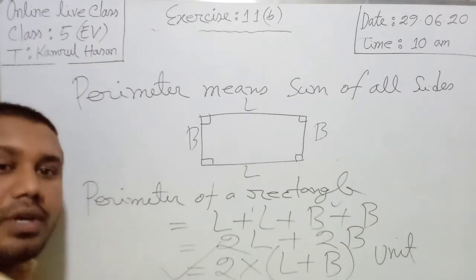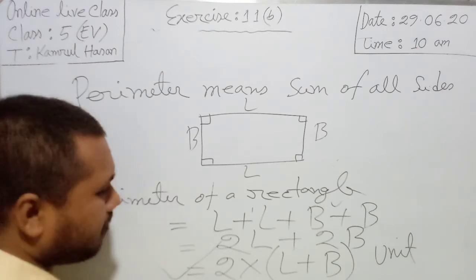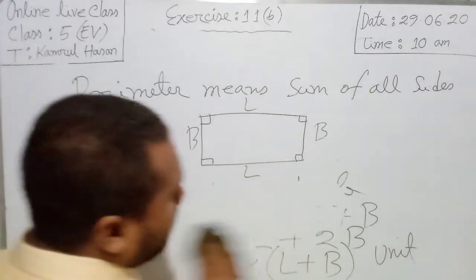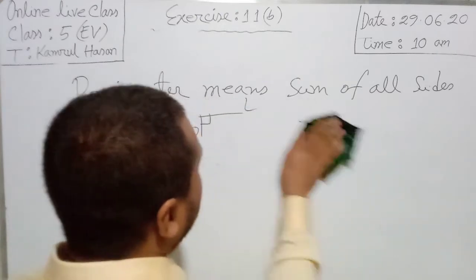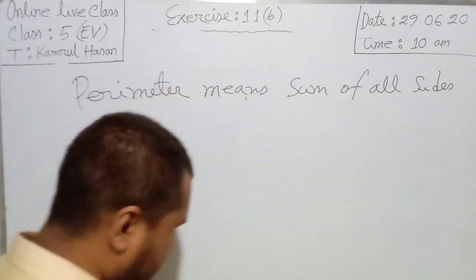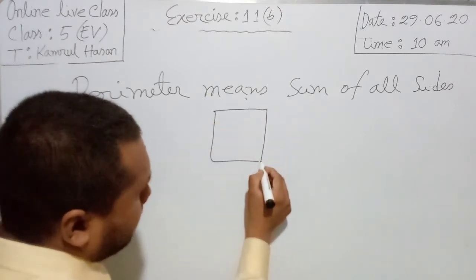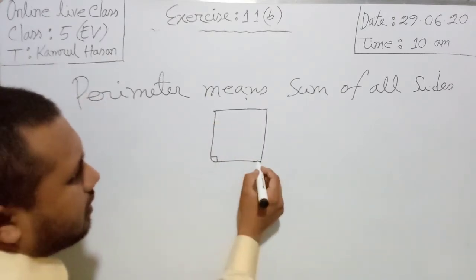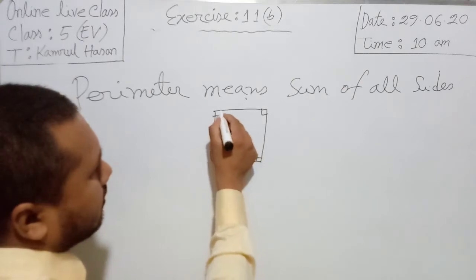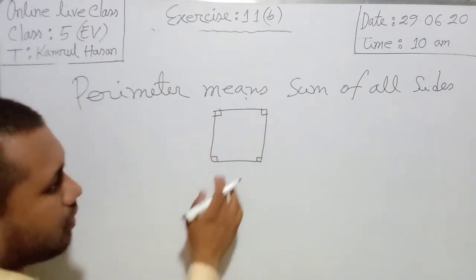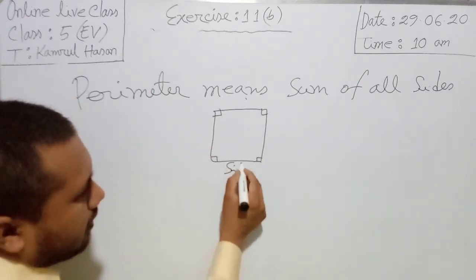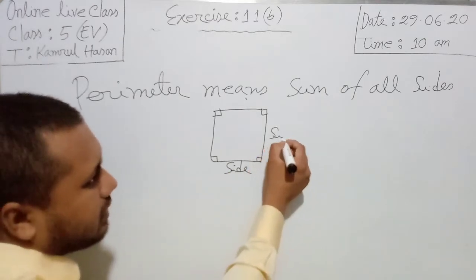So we can say the perimeter of a rectangle and the perimeter of a parallelogram both are the same. Good. Now the perimeter of a square, what will it be? Sir, suppose this is a square. Just think, this is a square. So this is one side, and this is another side.